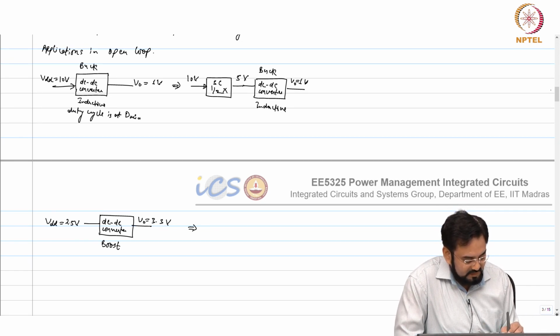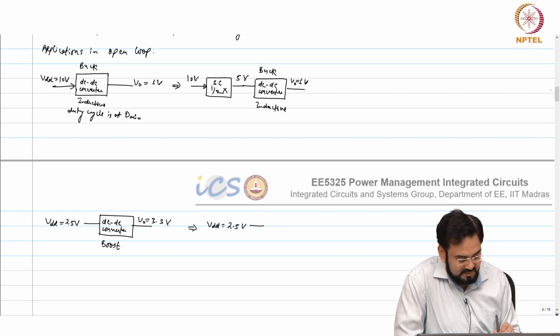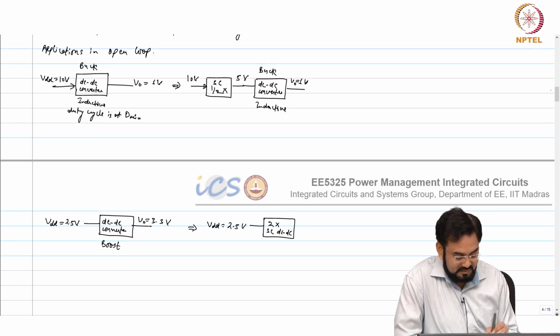So I will split it. VDD equal to 2.5 volt, I will pass it to a 2x switch capacitor DC DC. So you will get 5 volt.